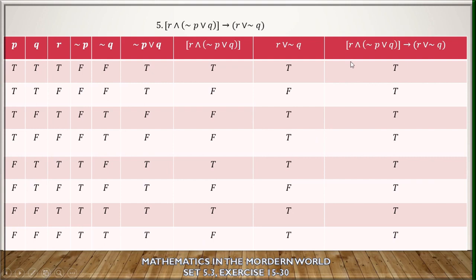Now is the conditional of this conjunction, then this disjunction. So true, true is true, false, true is true, false, true is true, false, true is true, true, true is true, false, true is true, true, true is true, and false, true is still true. So all are true. Next, number 6.